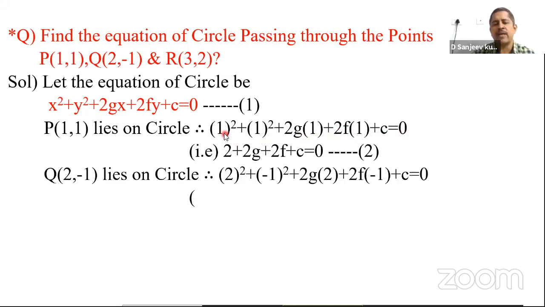What is 1 square? It is 1. 1 plus 1 is 2. So 2 plus 2g plus 2f plus c is equal to 0. This you call equation number 2.